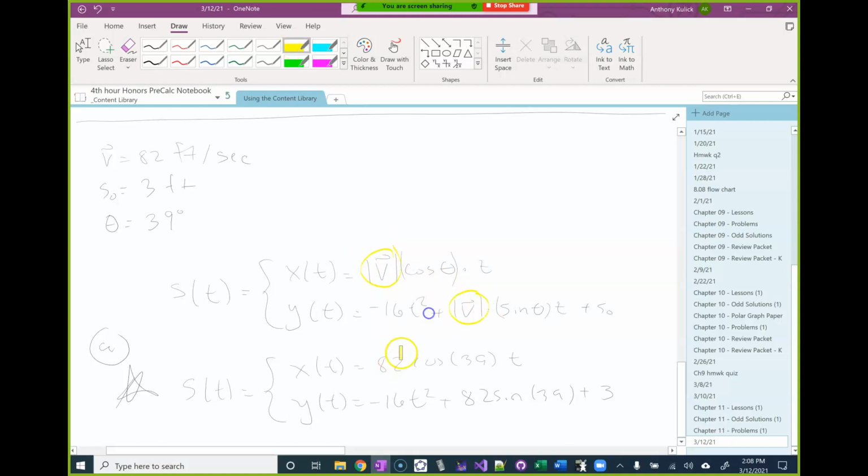It's here and it's here. Yep, cosine theta, which is 39 in this problem. Yeah, I wrote it that way because I didn't want you to think that it was cosine of theta times t, rather than cosine of t theta or something. Right, the order of operations matters there a little bit.